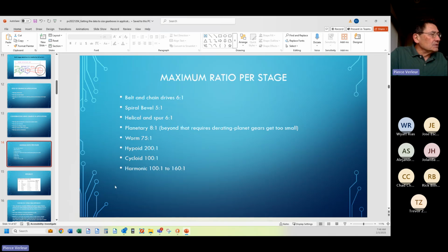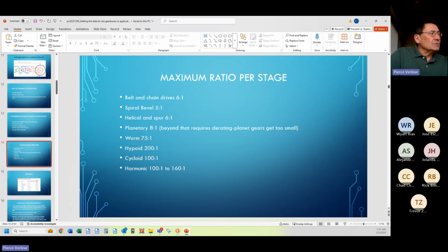By the way, and I'll add a little note down here at the bottom when I send this updated presentation to you. These are ratios that I personally feel are the application limit where you're on the correct side of the point of diminishing returns. For example, if you go beyond 8-to-1 in a planetary, it requires derating because the planet gears get too small to transmit the torque at that high reduction ratio.